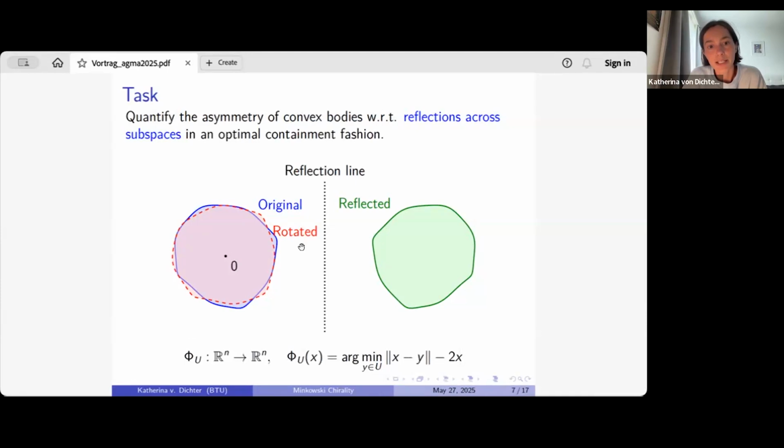Then we can reflect this body with respect to this point and obtain some rotated convex set. Here we have the reflection with respect to a point, so with respect to the zero-dimensional subspace. We can also consider some other reflection. For example, if we take this vertical reflection line, then the blue convex set can be reflected to the green one.